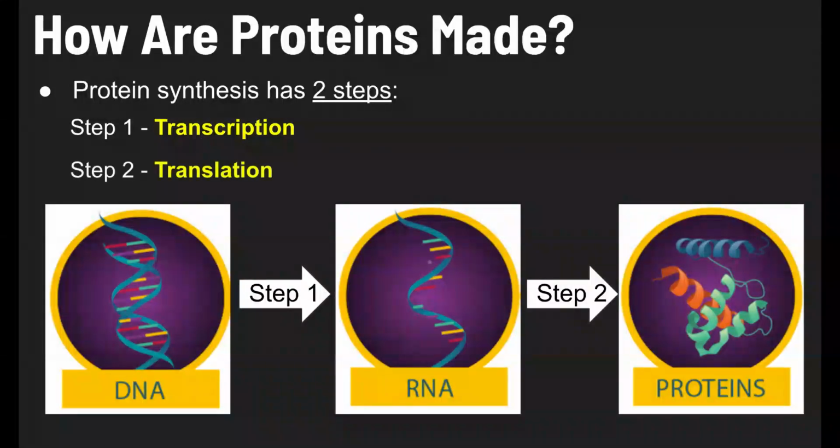In step two, you go from RNA to proteins, and that step is called translation. So in the remainder of this video, I'm only going to be talking about what's happening during step one, which is transcription. In the next video, we'll talk about what happens in step two, translation.